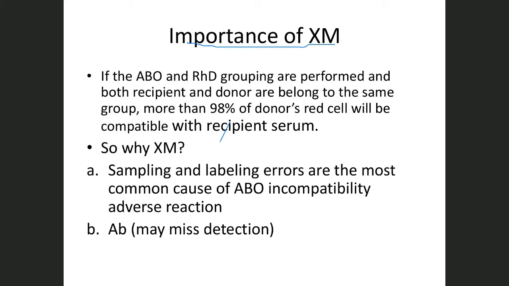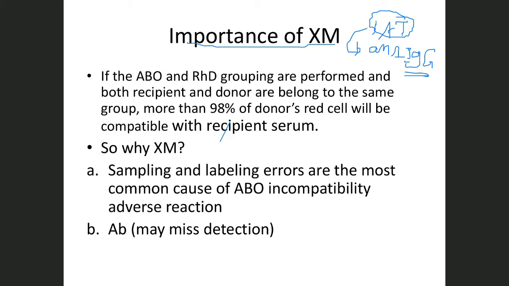This is the last check. An indirect phase, we do it for a patient with a low antibody, usually IgG, which is clinically significant. We do this phase to detect the presence of this antibody.